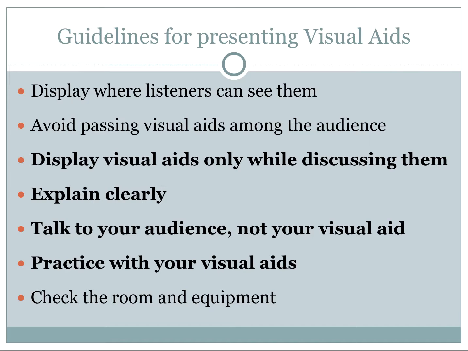So you've absolutely guaranteed that you will knock out 3 listeners throughout your entire speech, because you're passing around a visual aid. So never ever pass around a visual aid. Display your visual aids only when you are speaking about them, otherwise they can be a distraction.